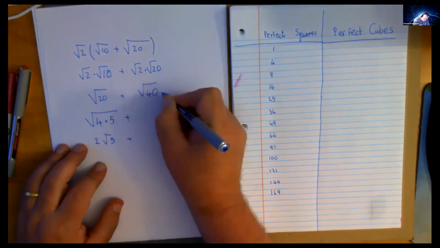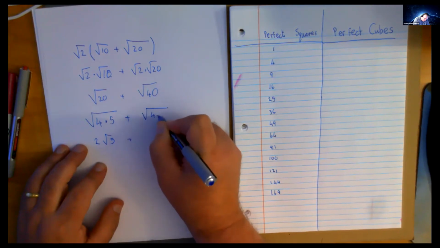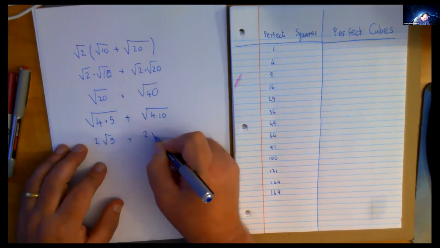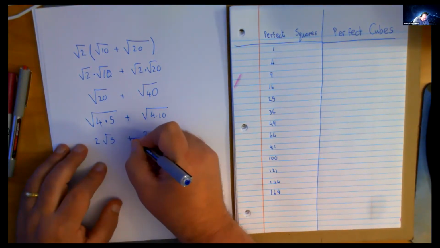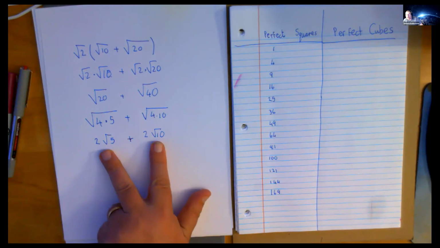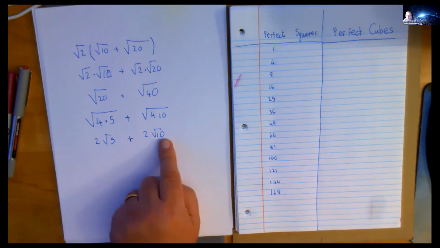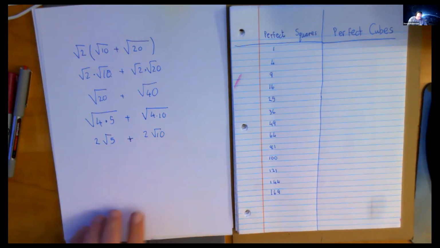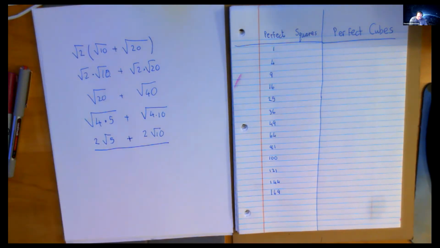And 40 becomes the square root of 4 times 10, and that gets you 2 root 10. Sometimes these two can be added together, but not always. These two can't be added together because that's root 5 and that's root 10. It's like two different objects. So that's actually the end of the question. That's the final answer.